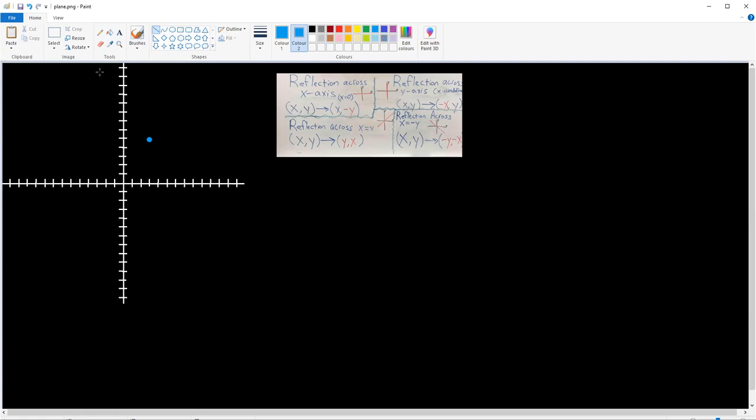Let's label this one x. This one is the x-axis, and this one is the y-axis. And we're going to reflect across the x-axis.